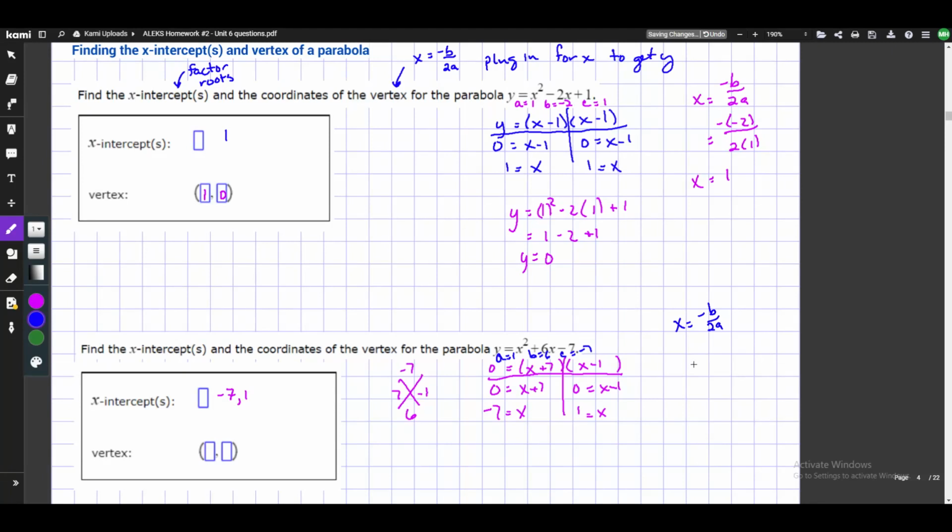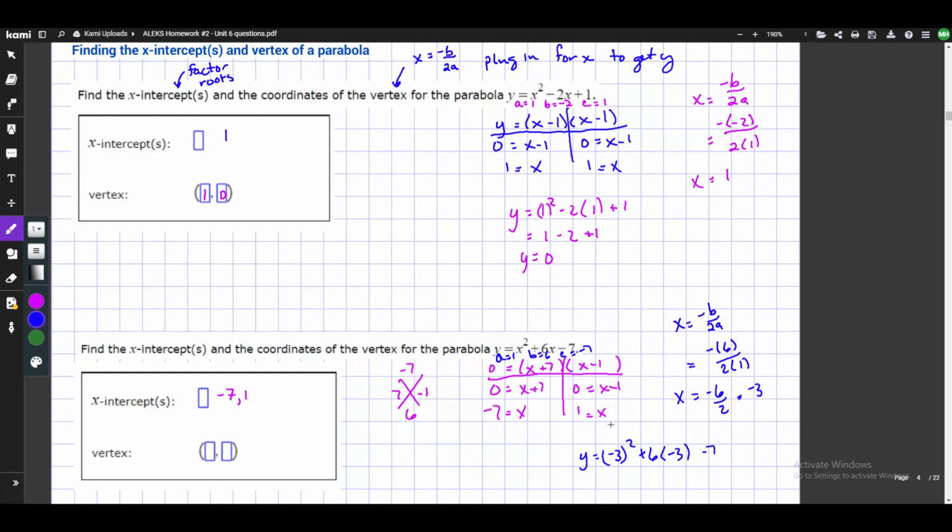So the axis of symmetry is going to be at negative 6 over 2 times 1, which is just going to equal negative 6 over 2, which is negative 3. That's my x. Plugging that in, I've got y equals negative 3 squared plus 6 times negative 3 minus 7.